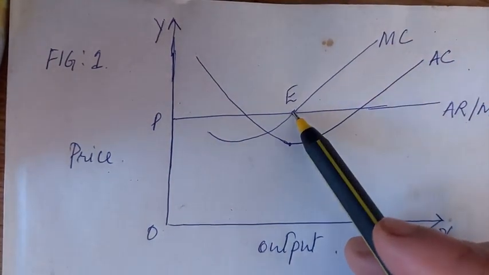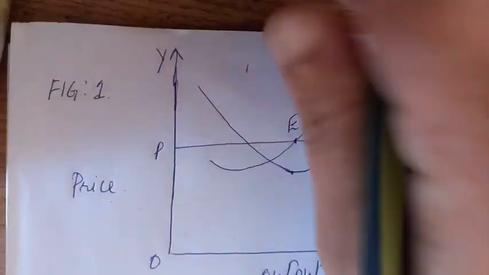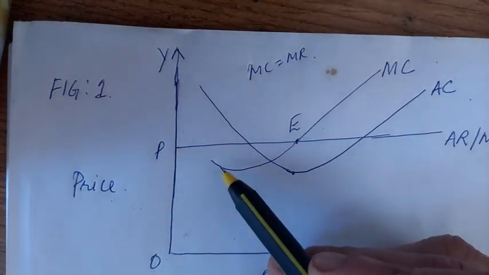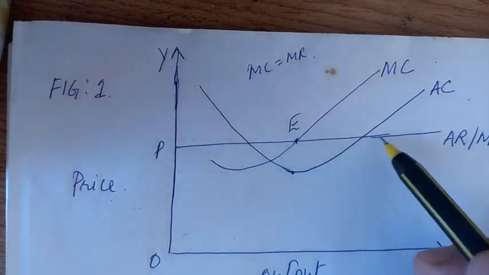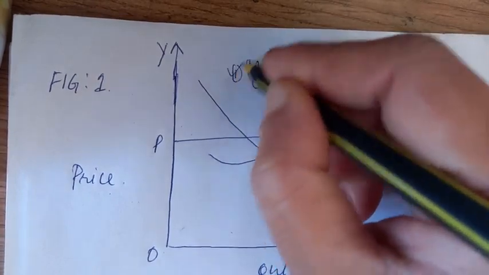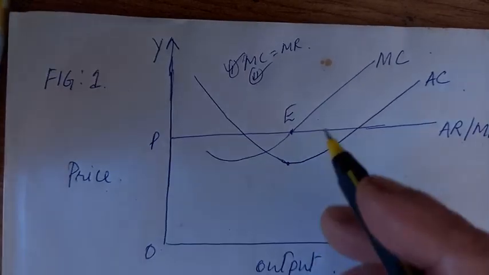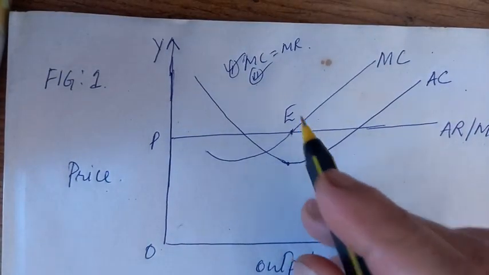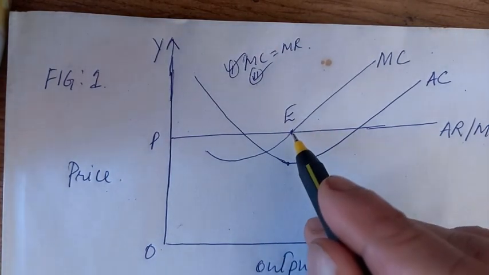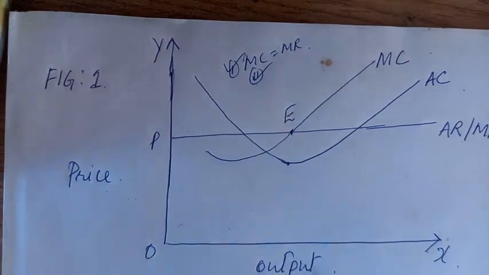So again, at point E, the first condition is fulfilled, that means the equality between MC and MR. Looking at the second condition, the MC curve does cut this MR curve from below, which means the second condition is also fulfilled. So the first condition as well as the second condition are fulfilled at point E. Therefore, looking at this diagram, this firm is said to be in equilibrium.